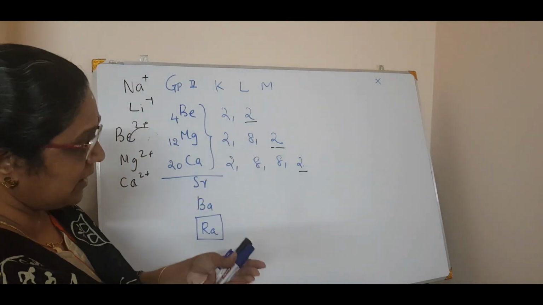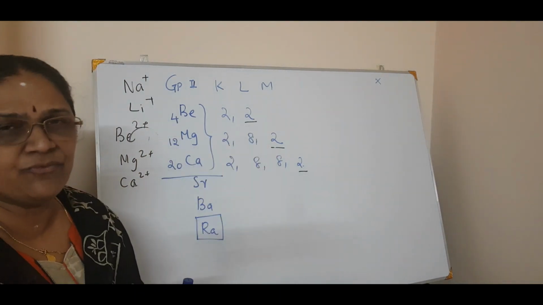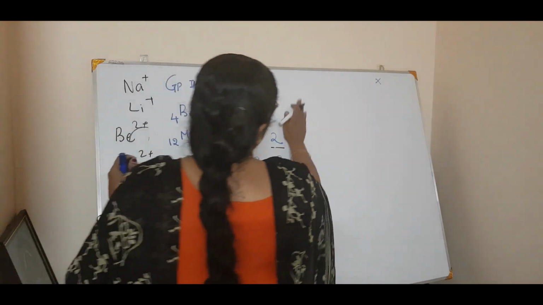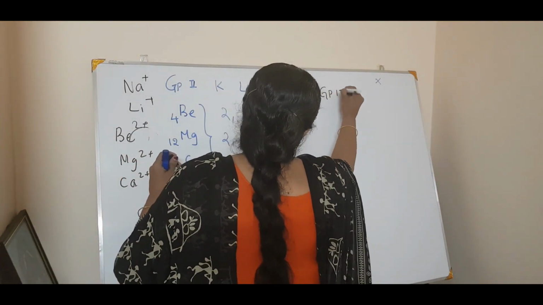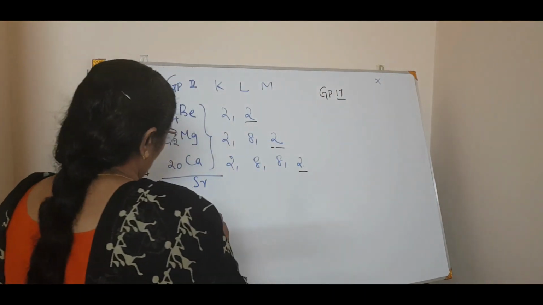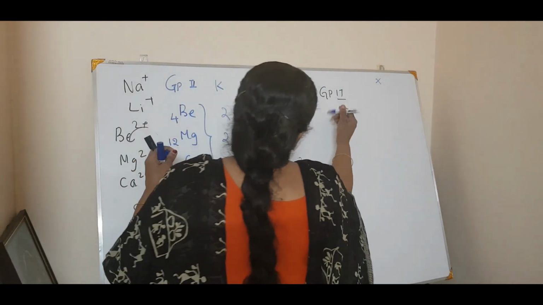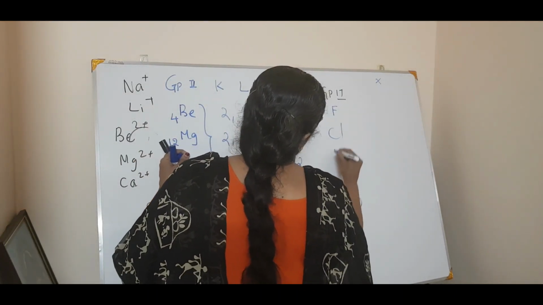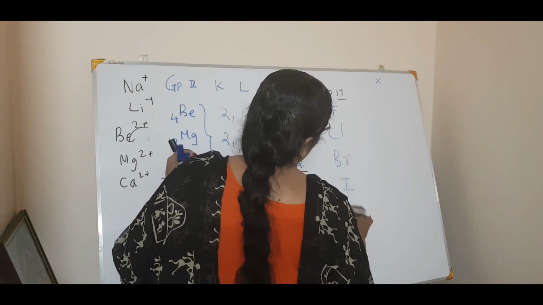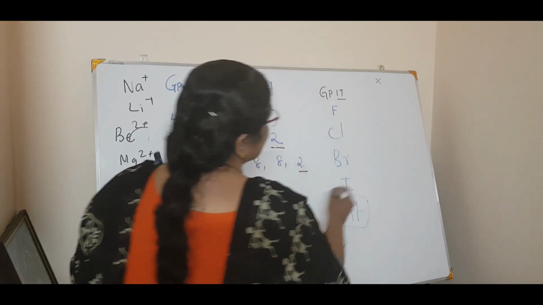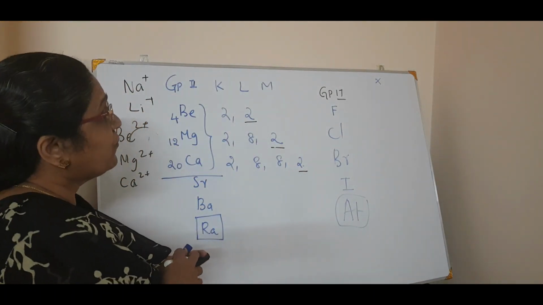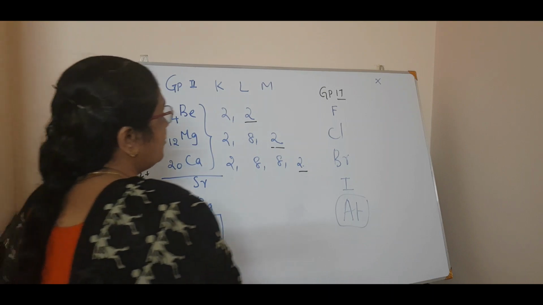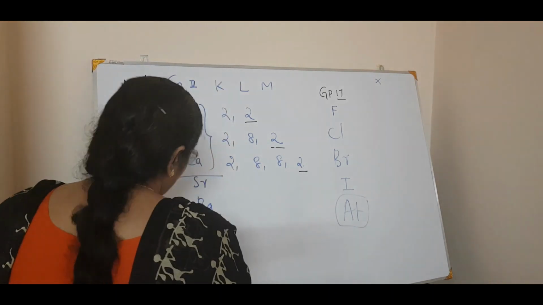Okay, so now we will see group 17, for example. Group 17 is fluorine, chlorine, bromine, iodine. So I am writing fluorine, chlorine, bromine, iodine. Astatine is radioactive. Okay, got it. So fluorine, what is the atomic number? Just write.